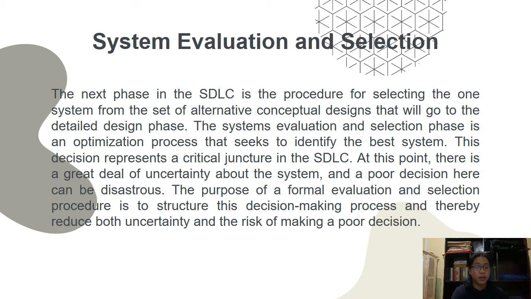At this point, there is a great deal of uncertainty about the system, and a poor decision here can be disastrous. The purpose of a formal evaluation and selection procedure is to structure this decision-making process and thereby reduce both uncertainty and the risk of making a poor decision.